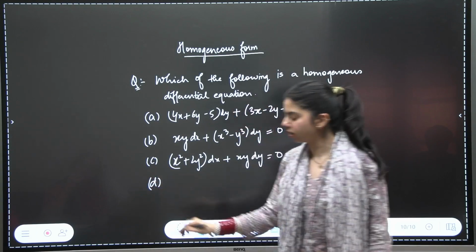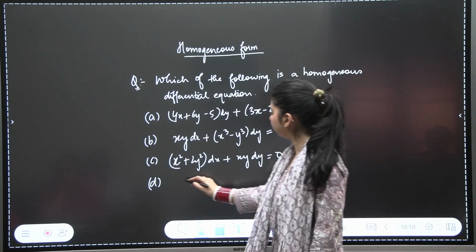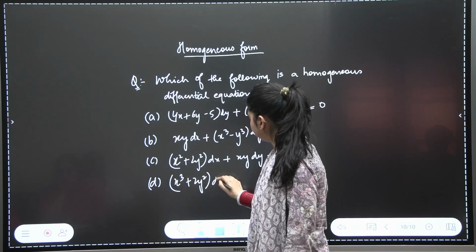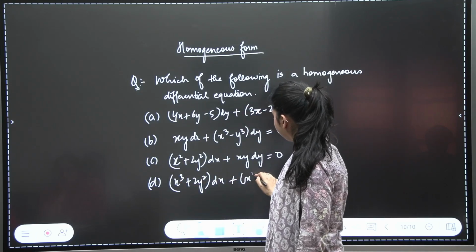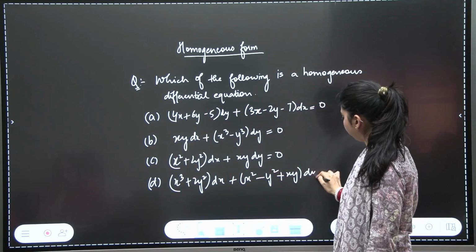The fourth part is given to me as (x cube plus 2y square) dx plus (x square minus y square plus xy) dy is equal to 0.